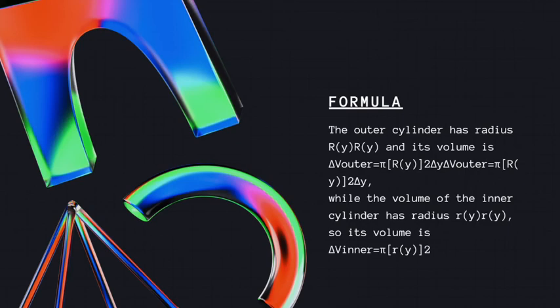The formula: the outer cylinder has radius R of y.